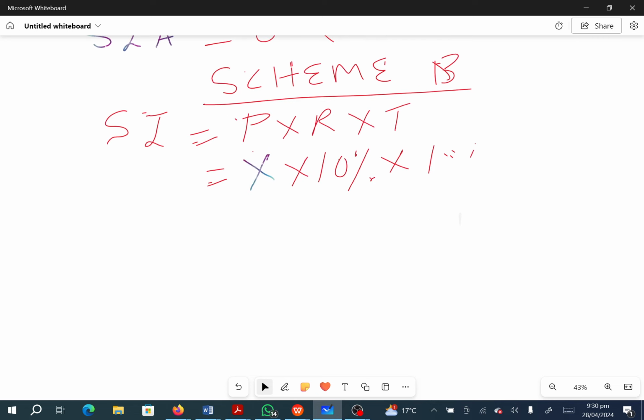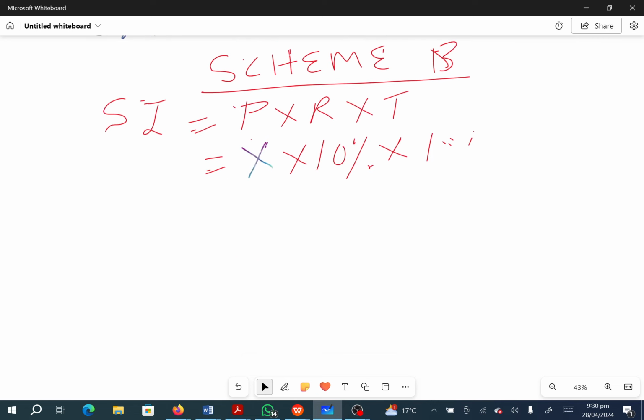So we'll say equals x multiplied by, so 10 divided by 100, that is 0.1, multiplied by 1, which is the year.